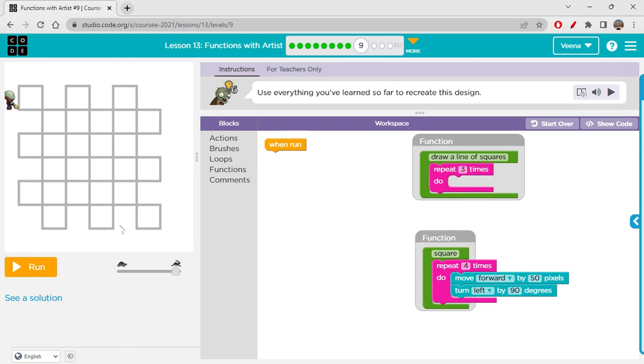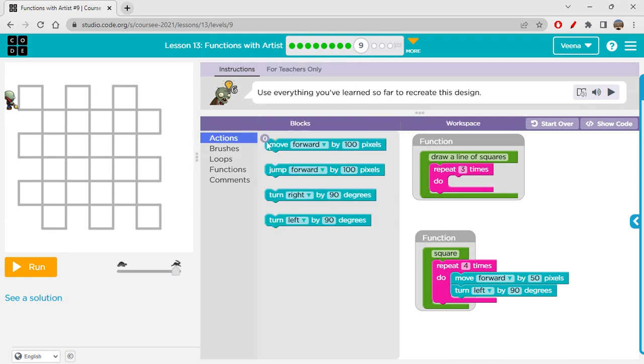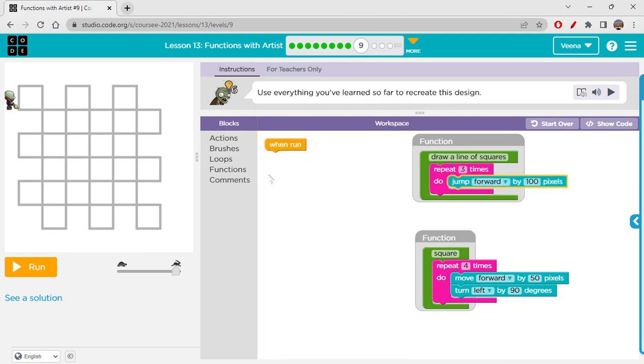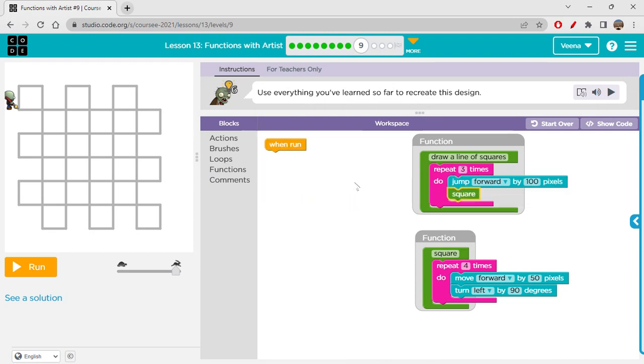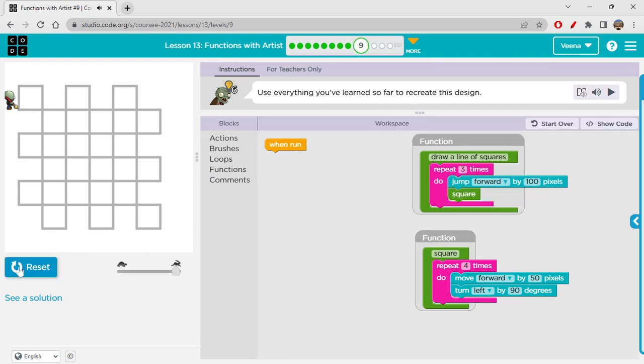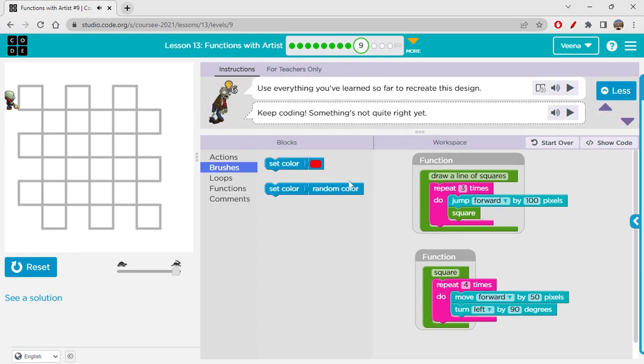Okay. So what next we have to do? Jump forward by 100 pixels and then draw. Okay, square function we have to call. So let's call this function draw a line of squares.